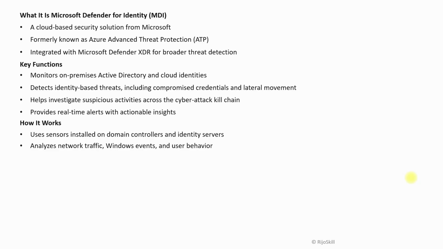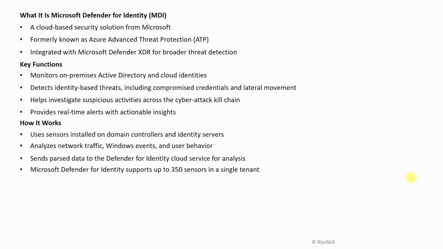The sensor then sends that data to the Defender for Identity cloud service for analysis and to the Microsoft Defender portal. It supports 350 sensors in a single tenant, and if you need more, you need to contact Microsoft Defender support.